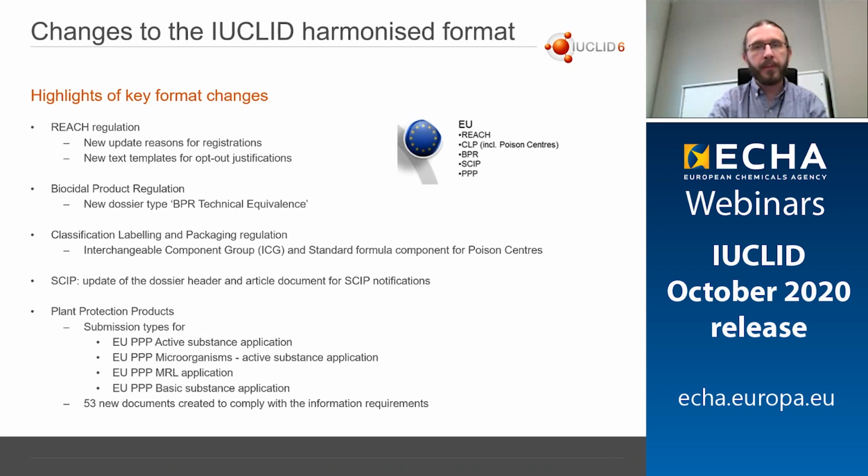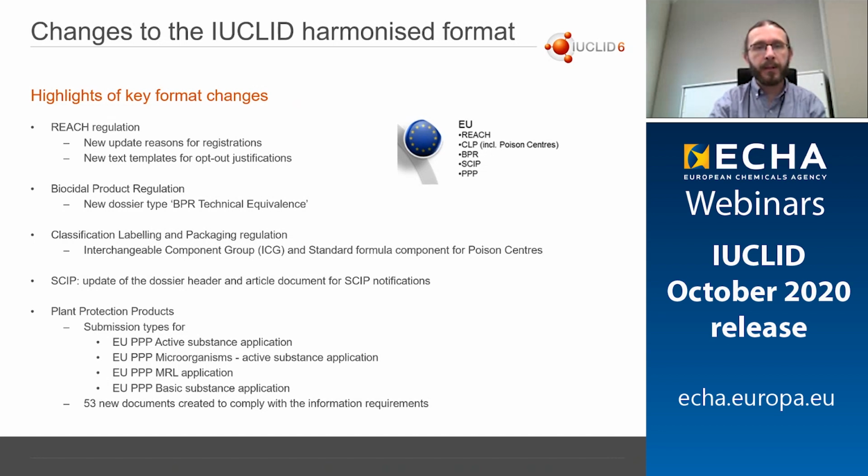Looking at more specific parts of the format, you will see that changes were made in the format extension developed for EU regulations. For the REACH regulation first, we have updated some reasons for updates for REACH registrations, and we have also provided text templates for opt-out justifications.